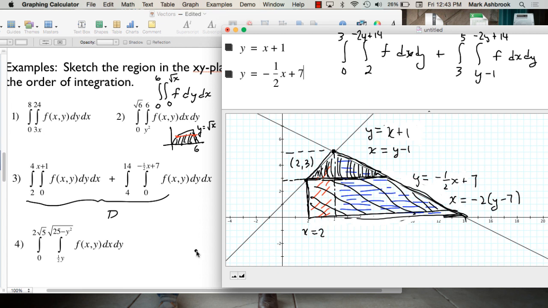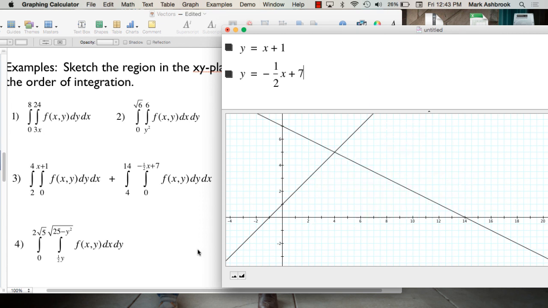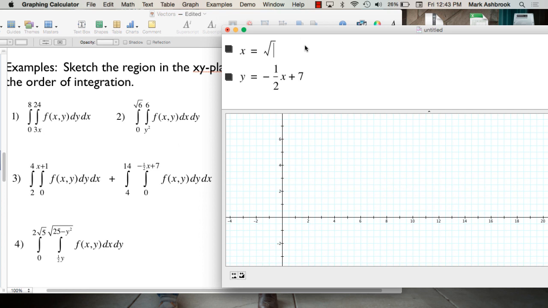Okay, how did this last one go? Is it like a piece of a circle? Yeah, we've got to know what these things are. What is x equals radical 25 minus y squared? It's a piece of a circle.